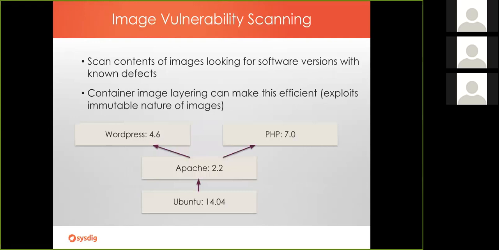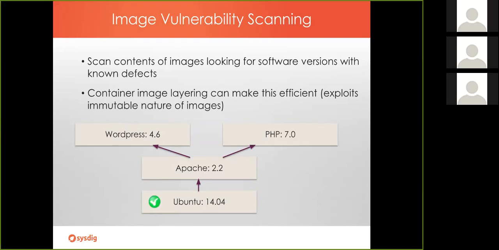It works because images are built in different layers, one on top of the other. If I have an Ubuntu image, then I build an Apache image on top of it, and then a PHP or WordPress image from that Apache image, I have a tree of images.